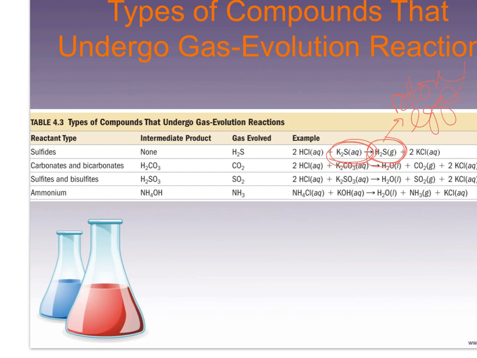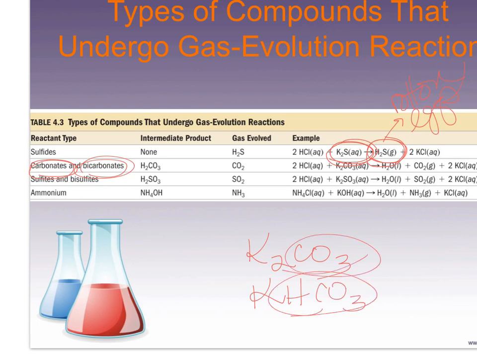You don't need to know that for the test. I just thought it was interesting. If one of your reactants is a carbonate or a bicarbonate, so this is potassium carbonate, this is potassium bicarbonate, if you have either of these to begin with, one of the products is going to be carbon dioxide.